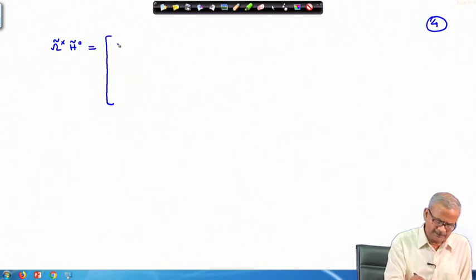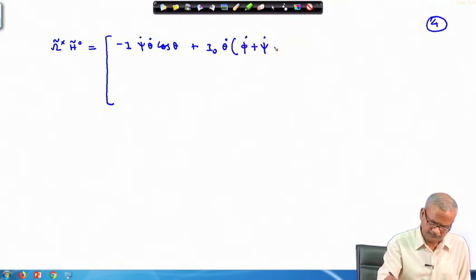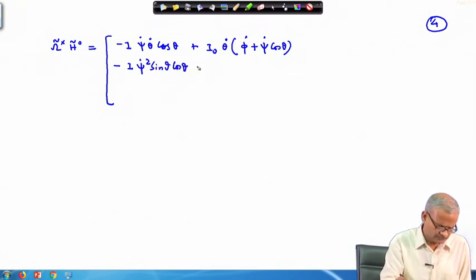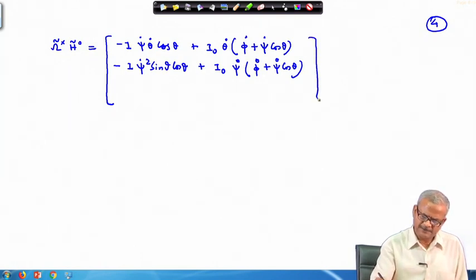So, if you do the matrix multiplication, it appears like this: psi dot theta dot cos theta plus... this is just our matrix multiplication, nothing else. So, straightforward.